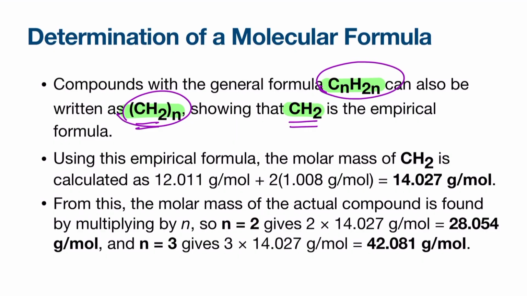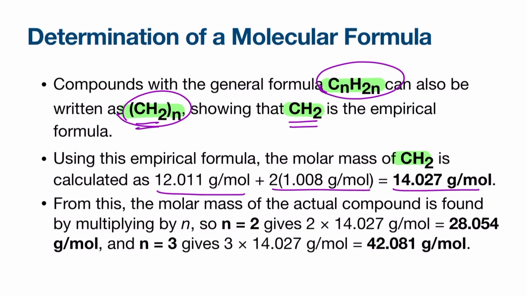Moreover, using the empirical formula, the molar mass of CH2 is calculated as the molar mass of carbon, which is 12.011 grams per mole, plus twice the molar mass of hydrogen, which is 1.008 grams per mole, giving 12.027 grams per mole.